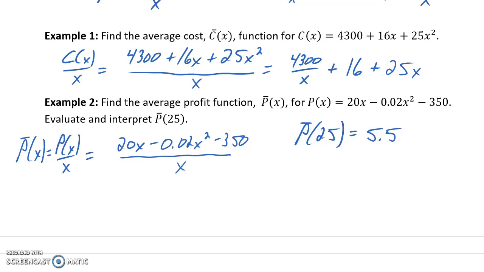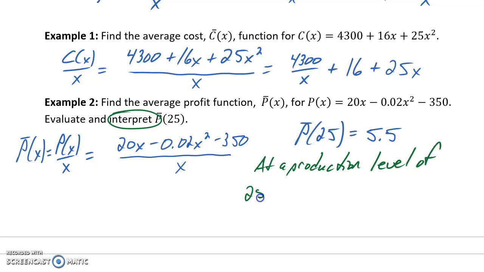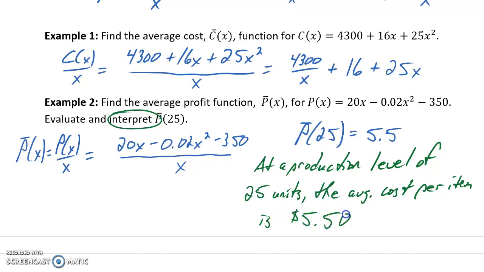And now focus on what we mean by interpreting that result. So now that we've generated P bar of 25, what does that information tell us? In this case, it means that at a production level of 25 units, the average cost per item is $5.50.